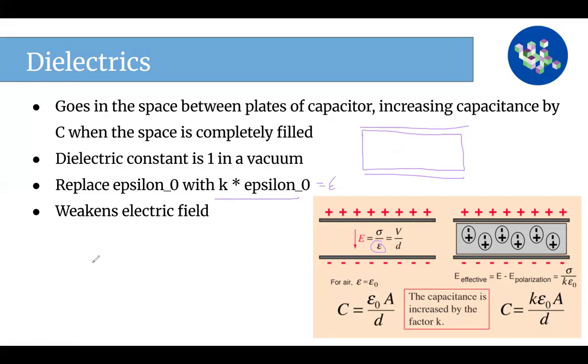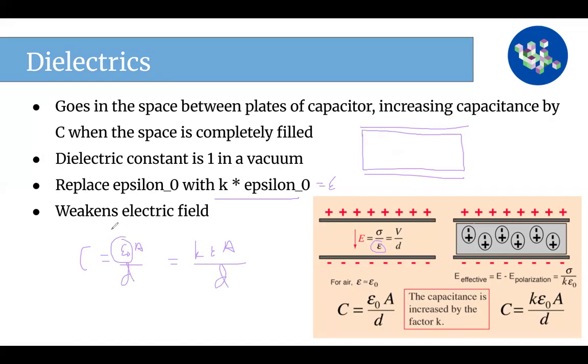Remember, I had capacitance originally equal to epsilon zero A over D. Once I placed a dielectric between the parallel plates, this epsilon increases to K epsilon zero times A over D. This increases the capacitance, meaning I'm able to store more charge if I fix the voltage.